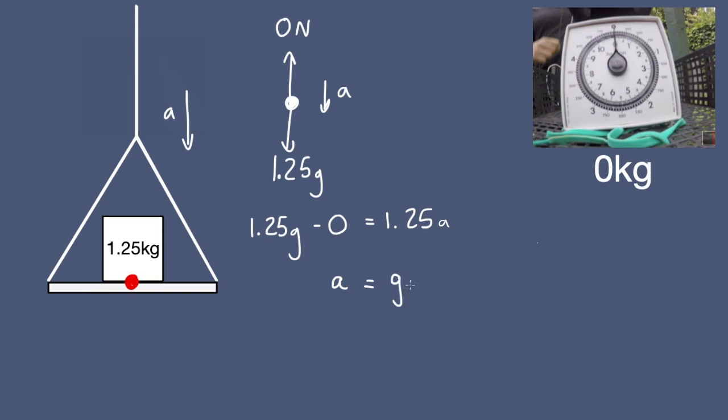So the acceleration downwards is g meters per second squared. So what I've actually done in this scenario is I have achieved sort of free fall. Okay, so I've let it accelerate downwards at the rate of gravity. Okay, but you can work out what that rate is by considering this red point here and what the forces are at the base of the lift.